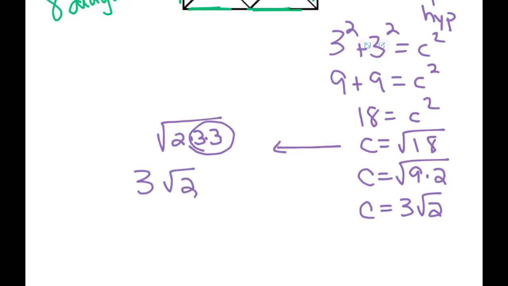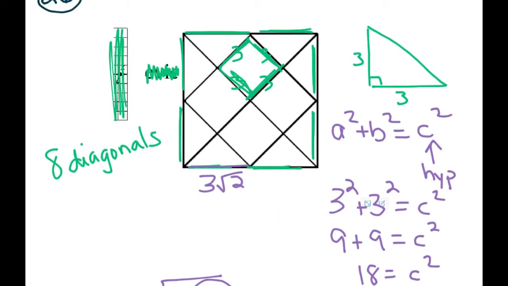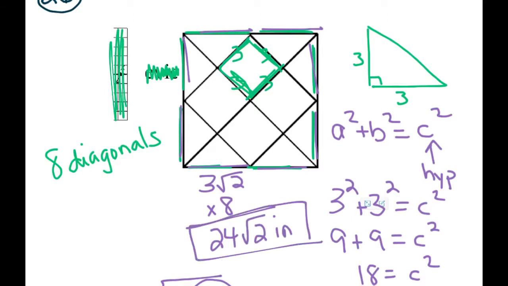Either way you do it, you find out that the side length is 3 the square root of 2. So if there are 8 pieces, 1, 2, 3, 4, 5, 6, 7, 8, all of which have 3 the square root of 2 as their length, all you have to do is multiply this by 8. I have to multiply by the right number. And you get 24 the square root of 2 inches as the perimeter.